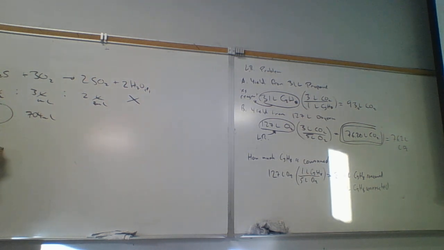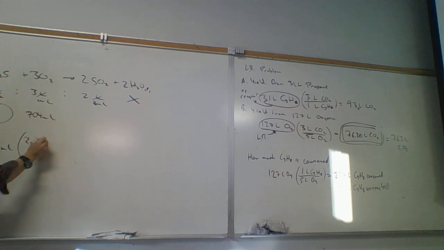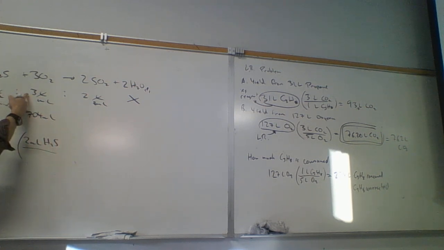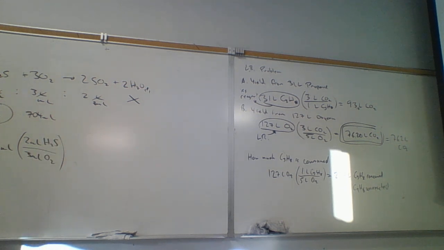So it's going to be 704 milliliters, and for every 2 milliliters of H2S, I need 3 milliliters of O2. So we could do it this way: 704 times 2 divided by 3.